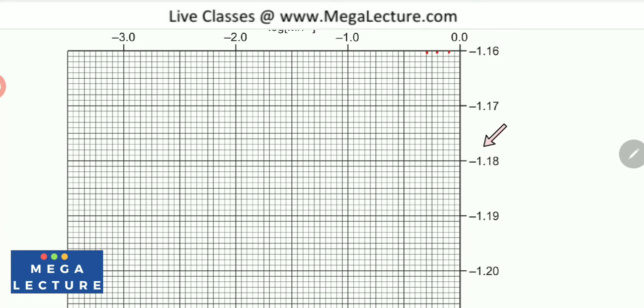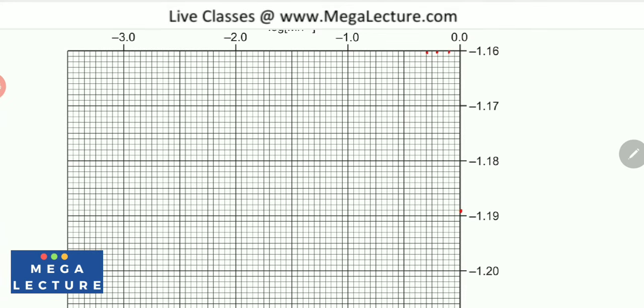You have minus 1.18, and you were saying 9. Now these are 10 boxes. So what does 9 mean? One box over here would represent 0.001, because this is going to be 1.181. This would be 1.182. Now we were looking for 1.189. So that would be somewhere over here.